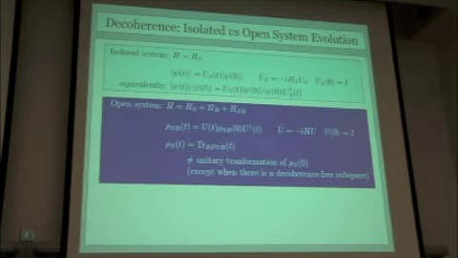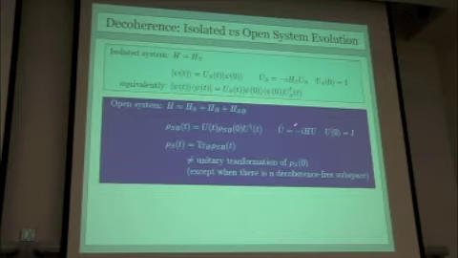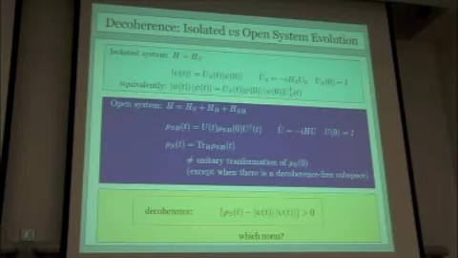Now let's consider the open system. We have the joint system-bath state evolving unitarily, subject to the full unitary generated by the full Hamiltonian. And we're going to trace out the bath, the standard. Okay, so now what is decoherence? In the first part, I defined decoherence as non-unitary evolution.